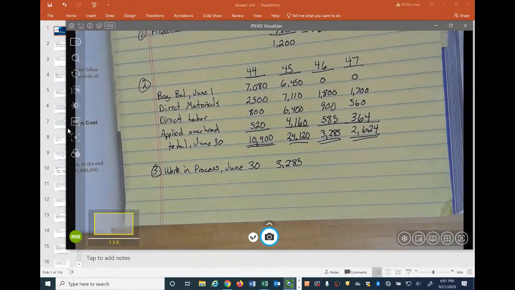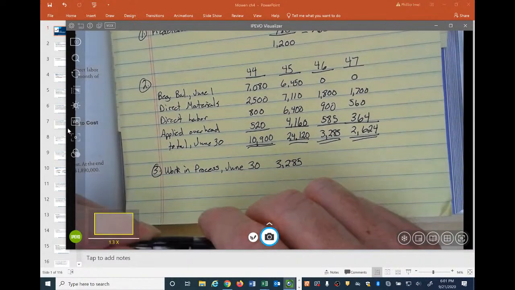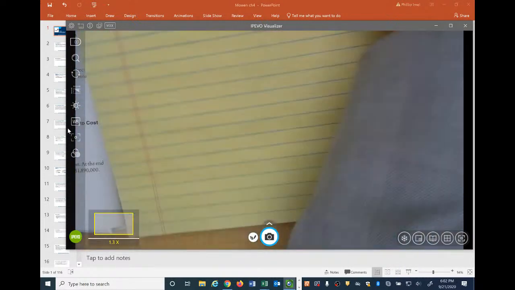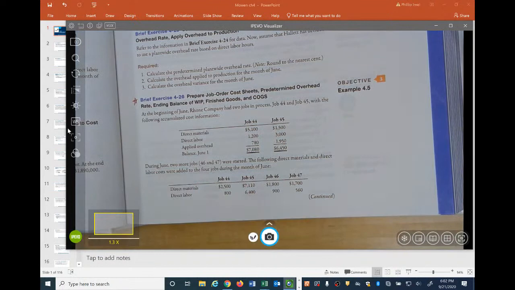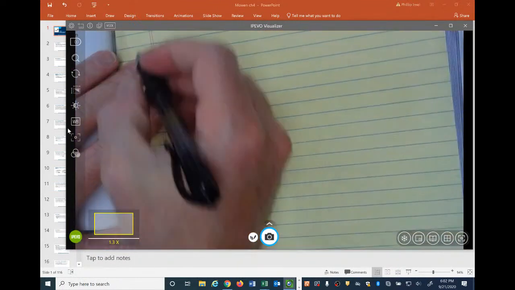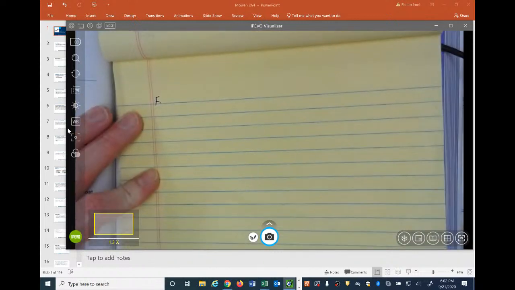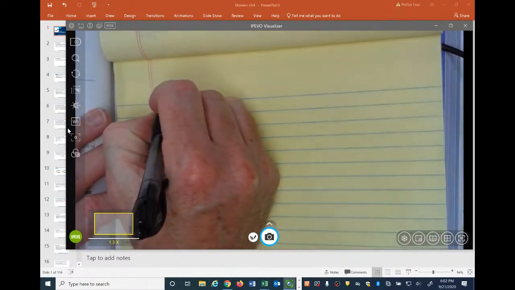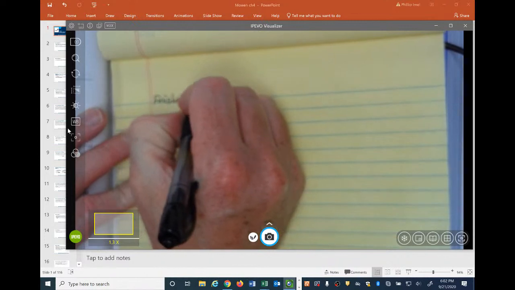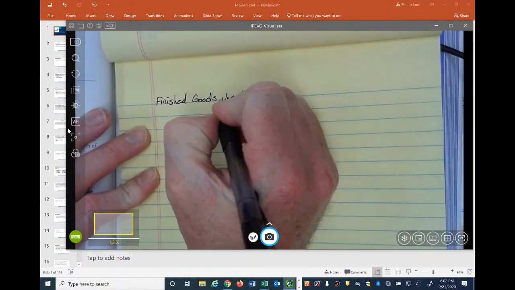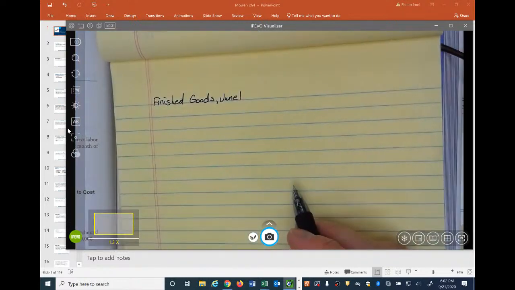Okay. So what's next? Finished goods. So what would finished goods be then? Finished goods on June 1. Let me go ahead and change the picture here, sorry. Okay, so finished goods June 1 we know was nothing, right?